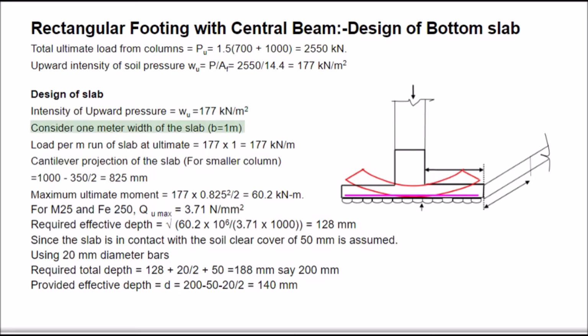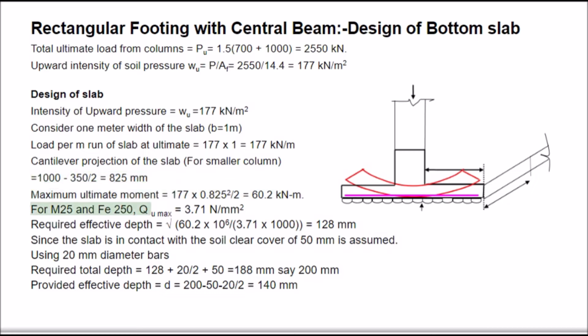Consider 1 meter width of the slab, b equals 1 m. Load per m run of slab at ultimate equals 177 x 1 equals 177 kN/m. Cantilever projection of the slab, for smaller column, equals 1650/2 equals 825 mm. Maximum ultimate moment equals 177 x 0.825^2/2 equals 60.2 kN-m.